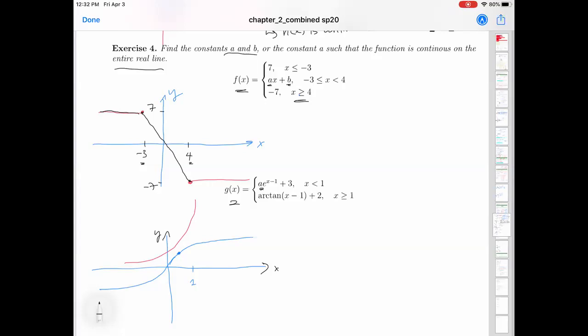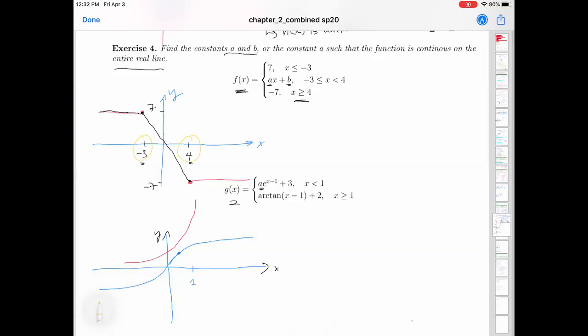So then in order to have this function be continuous everywhere, I need to make sure that there are no jumps, right? There are no holes, there's no discontinuity anywhere. And the only 2 places where I need to pay attention to are when x equals negative 3 and when x equals 4.